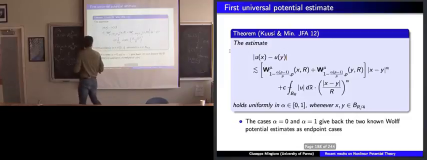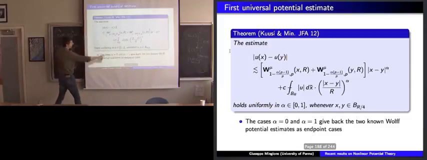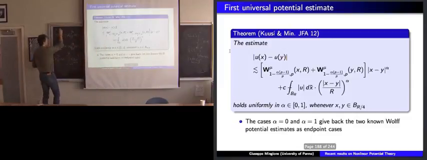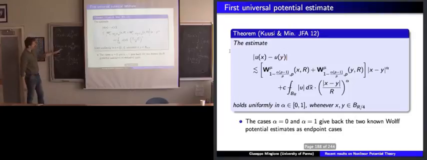Of course, you might still wonder that this estimate, although being sharp when α is equal to 1, because it gives you this estimate, is not sharp when α is equal to 1, because it doesn't give the Riesz potential estimate, which is a bit sharper than this one.